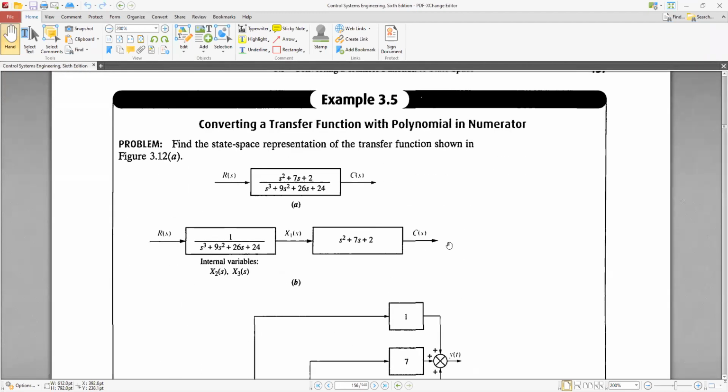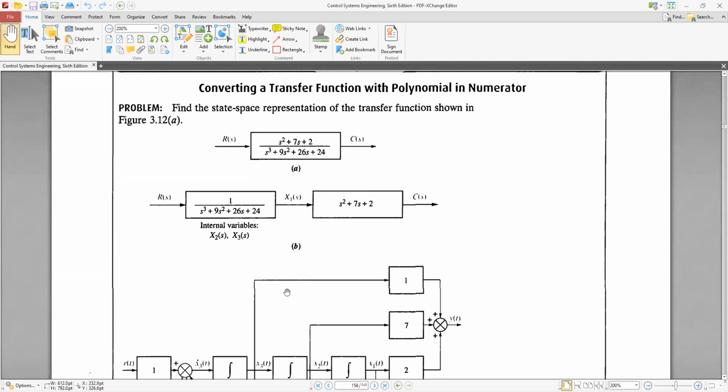This one. Yes, sir. Okay, now look here at this block. We can split this block like this. Just take this upper part to another one.